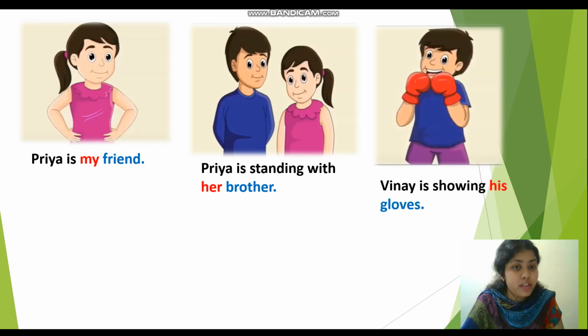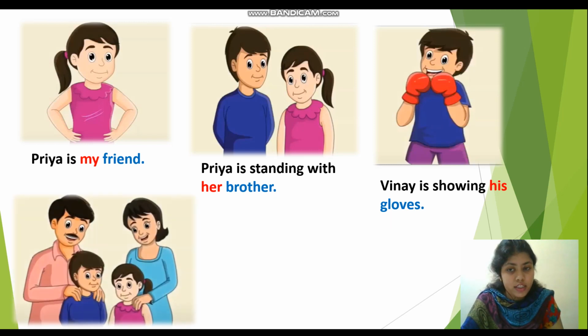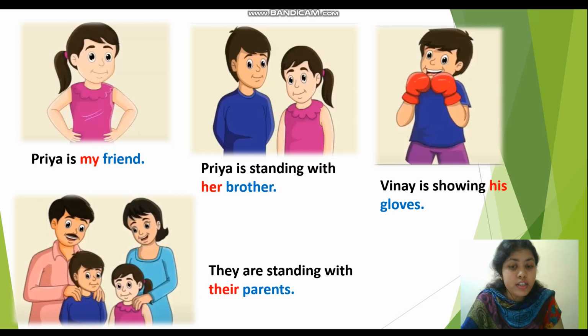The next example is, Vinay is showing his gloves. Yes, here children, again the word gloves is a noun and the word his is coming before gloves. Therefore, the word his is an adjective. And what kind of adjective is it? It is a possessive adjective. The next example is, they are standing with their parents.